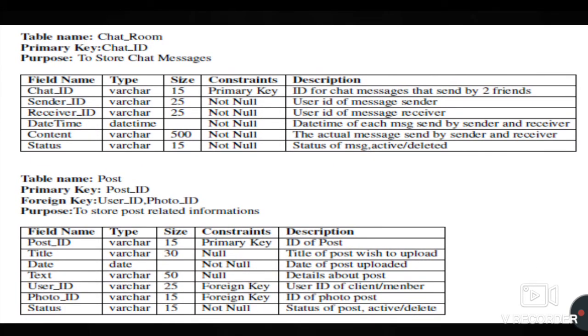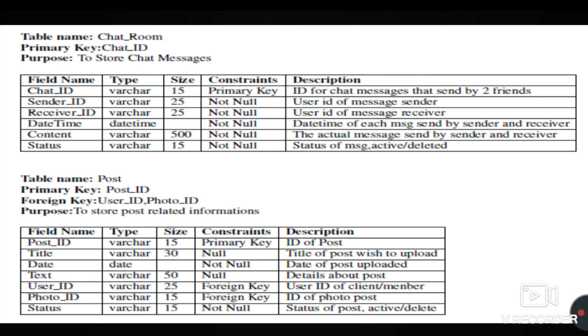Next is chat room. It is used to store chat messages, and its primary key is chat ID. Here the chat ID identifies each of the chat messages sent between two friends, and it will be a 3-digit alphabet plus a 3-digit random number.